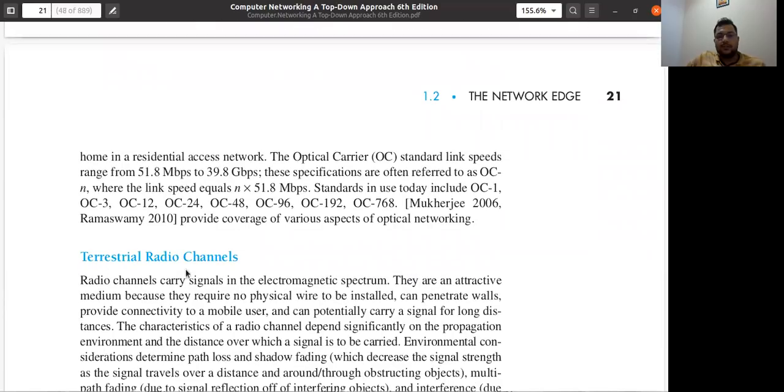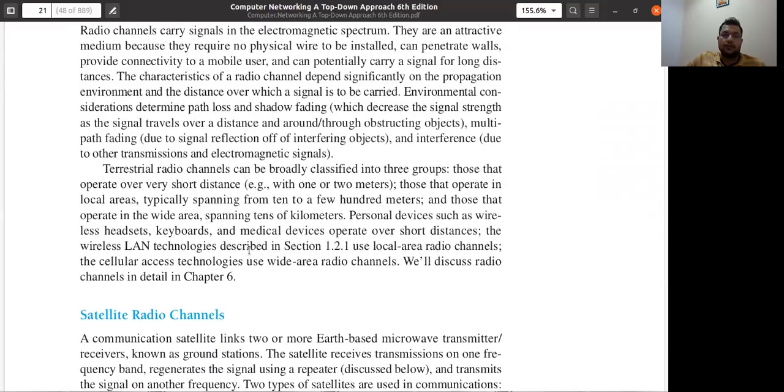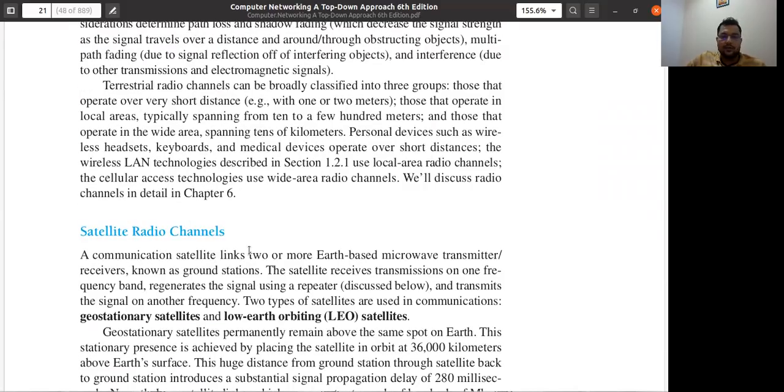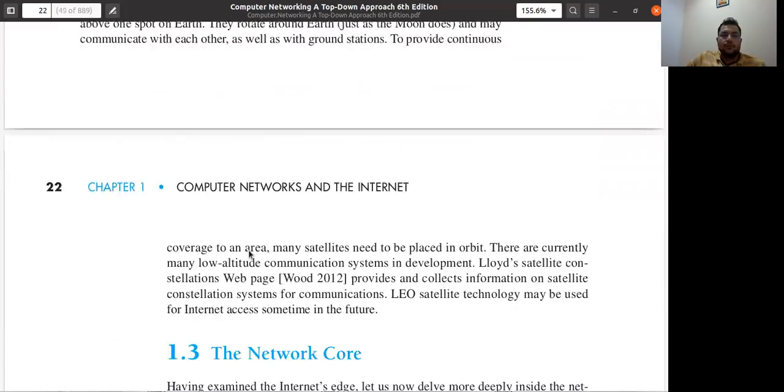Then terrestrial radio channels, this is for air communication, unguided communication. Then you have satellite radio channels. That's all. I think this much is sufficient regarding physical cables. You don't have to worry too much about it.